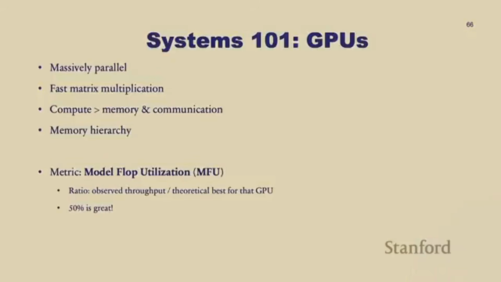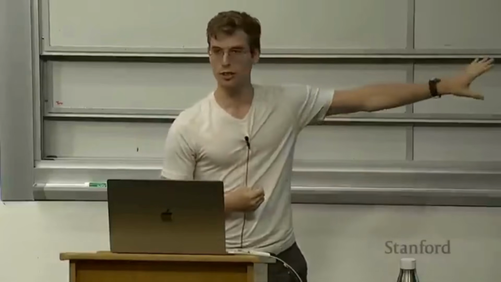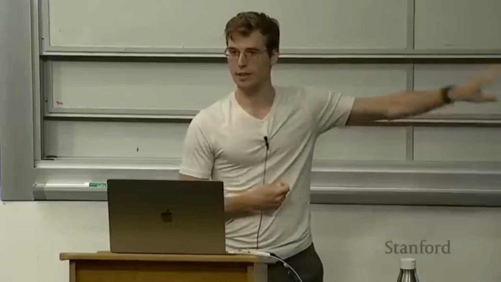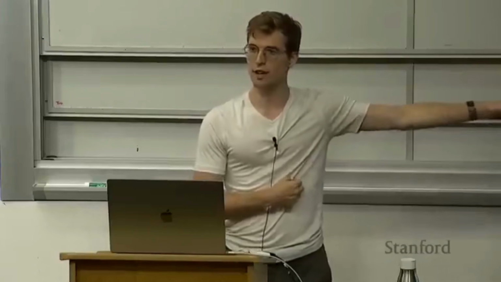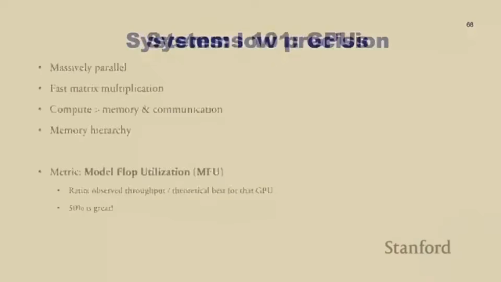In general, if you reach 50%, you're very happy. Facebook's Llama was at about 45% or something like this. That means data doesn't come fast enough, even for these big companies.